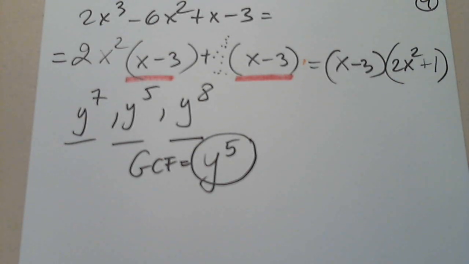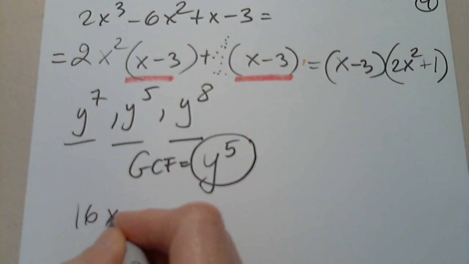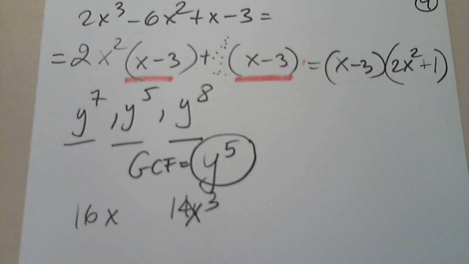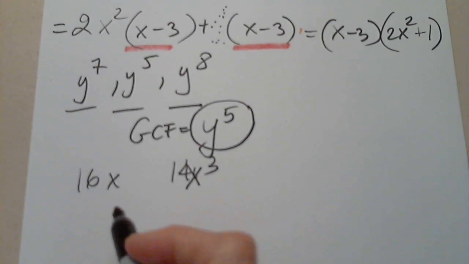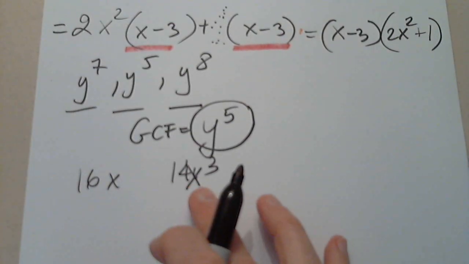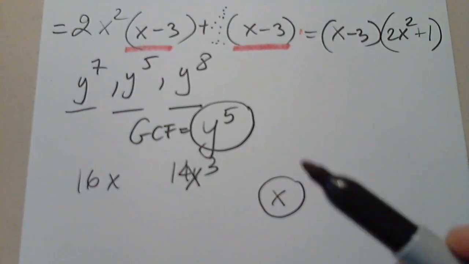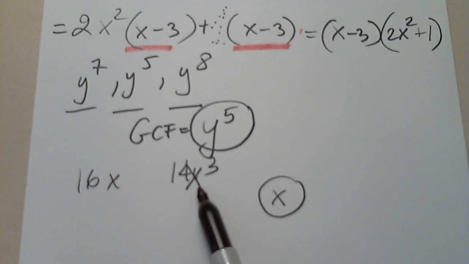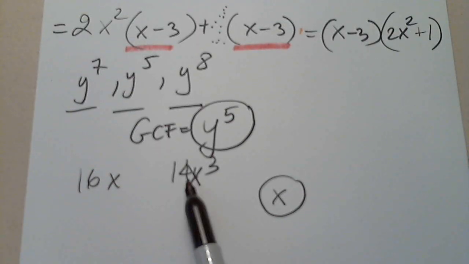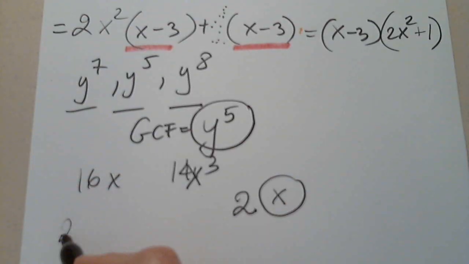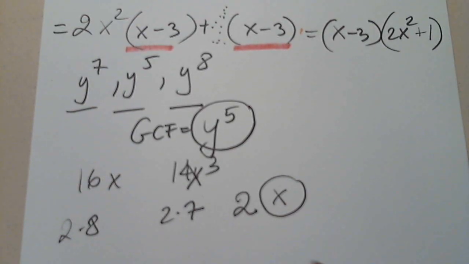Find the greatest common factor of 16x and 14x to the 3rd. Of course, when it comes to x, it's the smallest power. So x will be a piece in the greatest common factor. And 16 and 14 only have 2 in common, because this is 2 times 8 and this is 2 times 7.